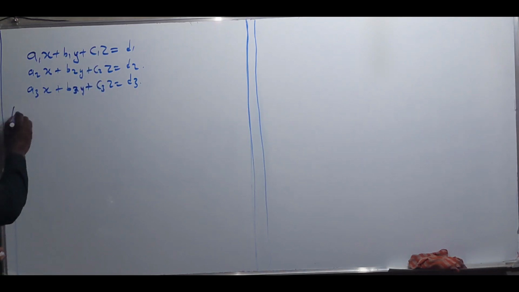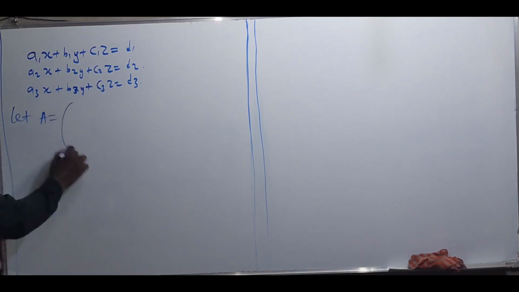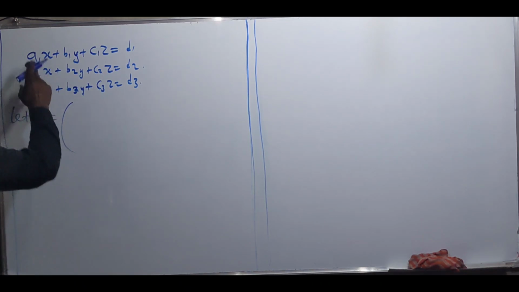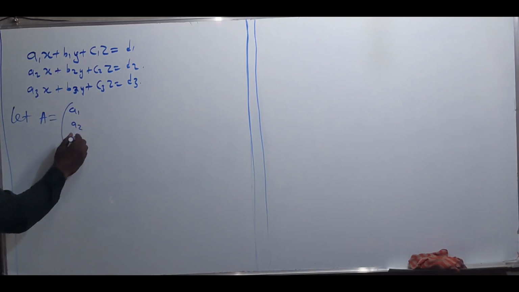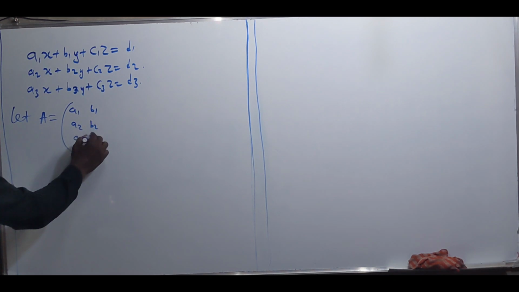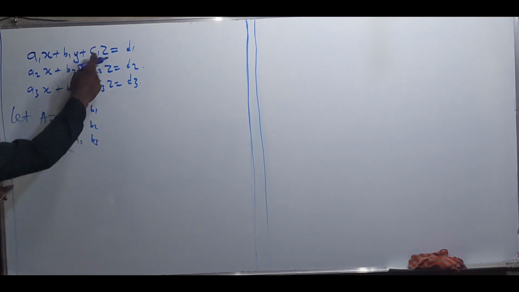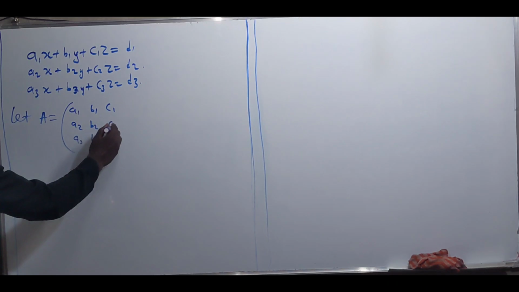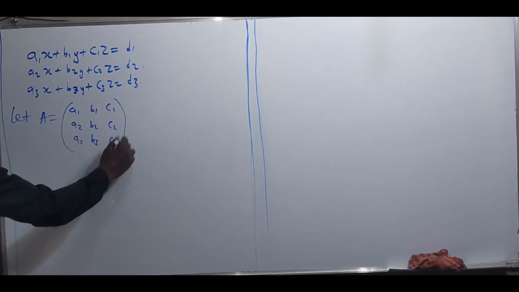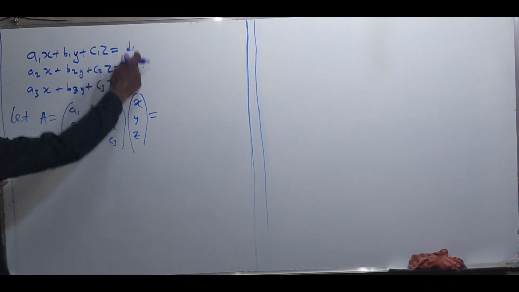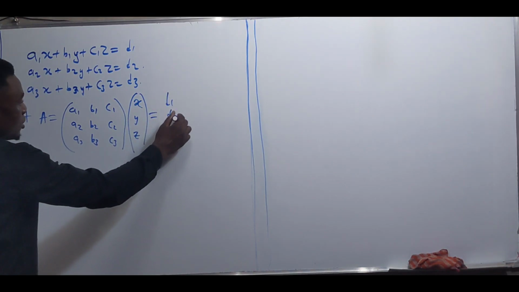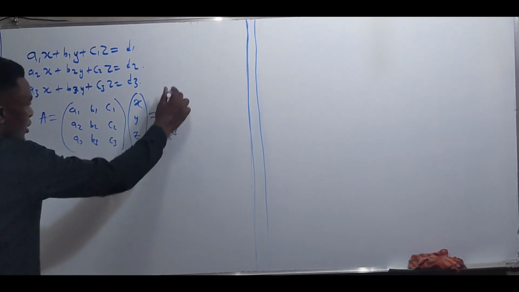So let A be equal to the matrix formed from the coefficients: A1, A2, A3, then B1, B2, B3, then C1, C2, C3. The variables are x, y, as well as z, and this is equal to D1, D2, as well as D3.